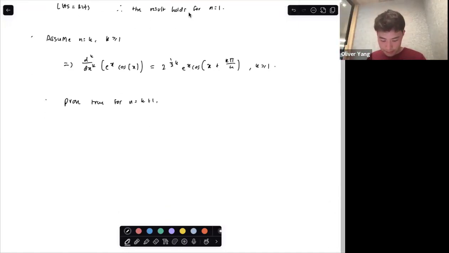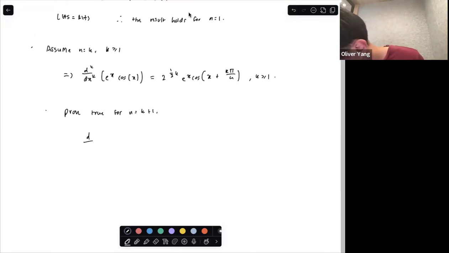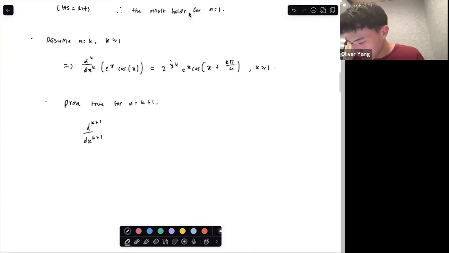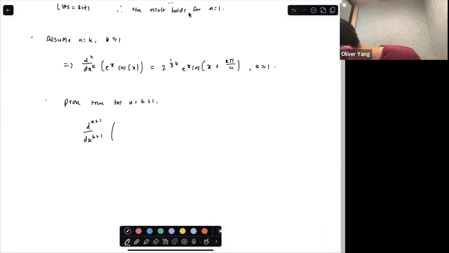All right, so we're going to do this step. d^(k+1)/dx^(k+1) of e^x cos x, and that will equal 2 to the half (k+1).